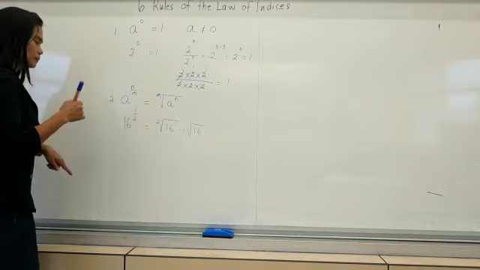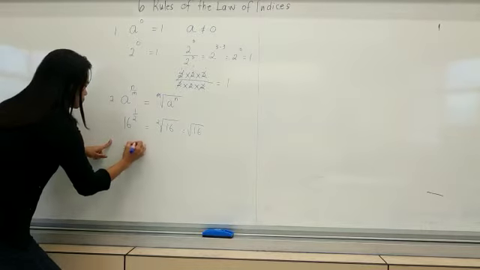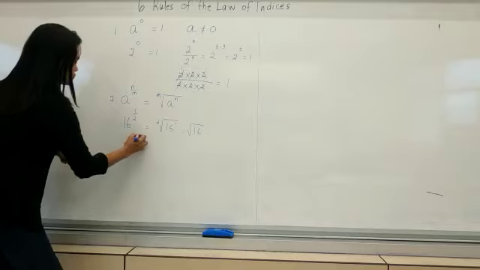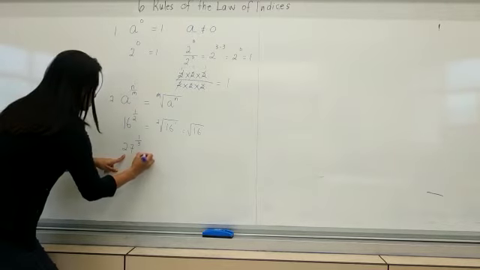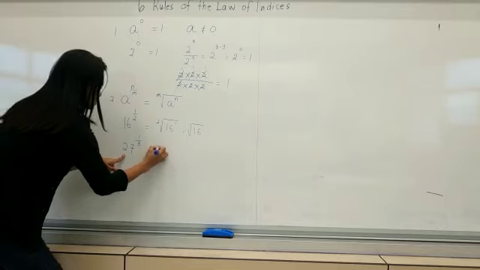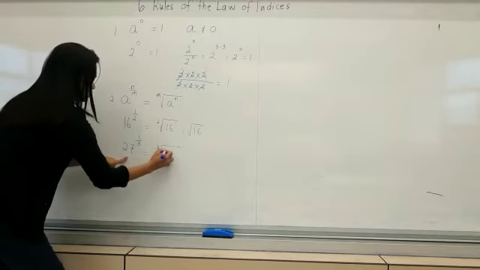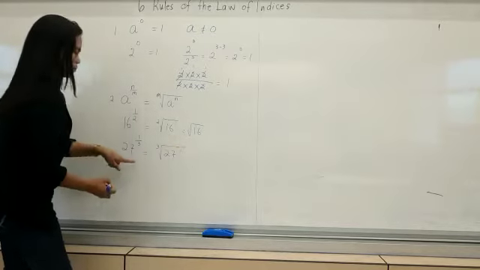Another example, say 27 to the power of 1 over 3. This is the same as writing cube root, and then you have the base, which is 27, to the power of 1.